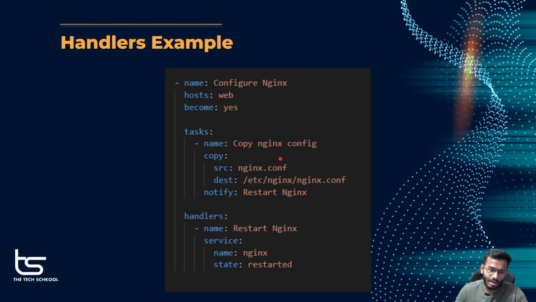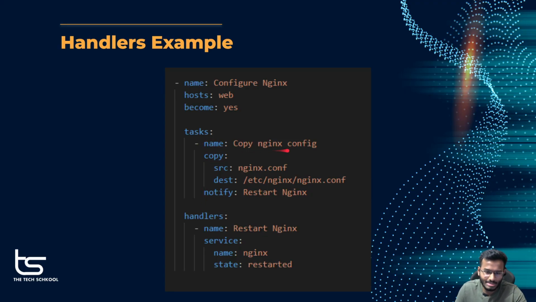In that case, I have used handlers. The structure is that we mention handlers, and this does not have to be under tasks. It comes out of the tasks section and is a solo, independent block. So tasks and handlers are siblings of each other.